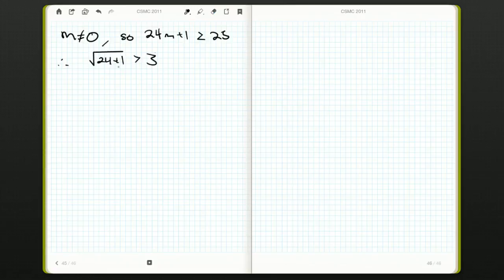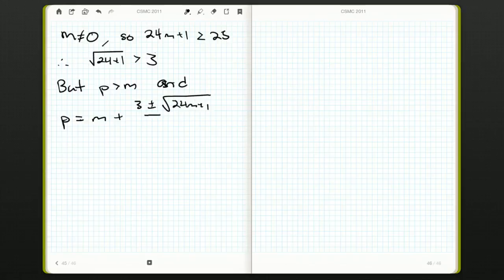So the square root of 24m plus 1 is greater than 3. But we know that p is going to be greater than m. And p is equal to m plus 3 plus or minus the square root of 24m plus 1, all over 2.